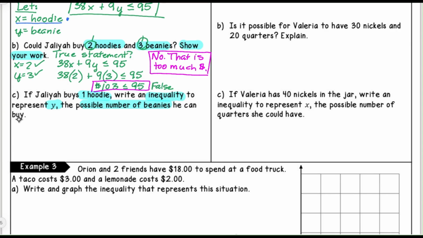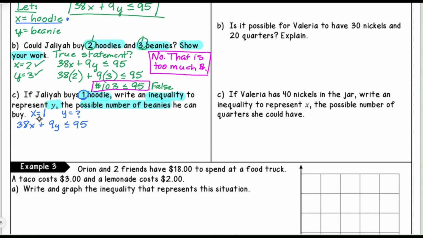So my x in this case is going to be 1. So I can write my equation. I've got 38x plus 9y. And they're wanting to know how many beanies I can buy. Okay, so it's got to be less than or equal to 95.